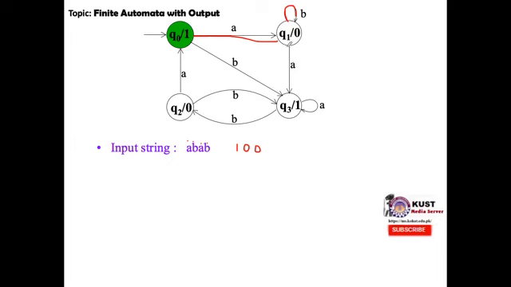Then we print an A, right? So we print 1 and a B, and we print 0. So the input string is ABAB, and the output string is 1, 0, 0, 1, 0.